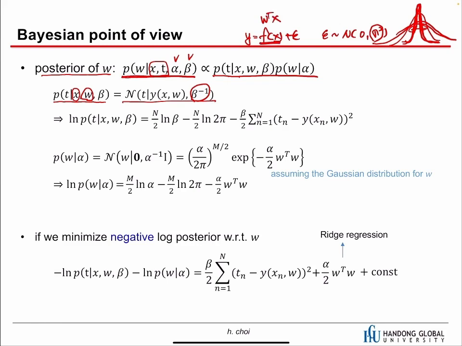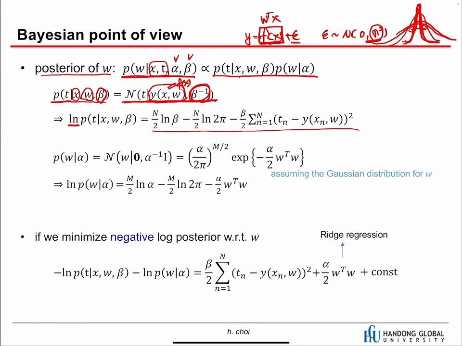When we have a w and x, then this one is deterministic. That's given. Then the variance of this epsilon is given, and the probability of t is defined by this one. So the mean is actually the function. It's basically the same thing. The mean is f of x, and the variance is coming from this one. And then we can take the logarithm, then we get these equations.